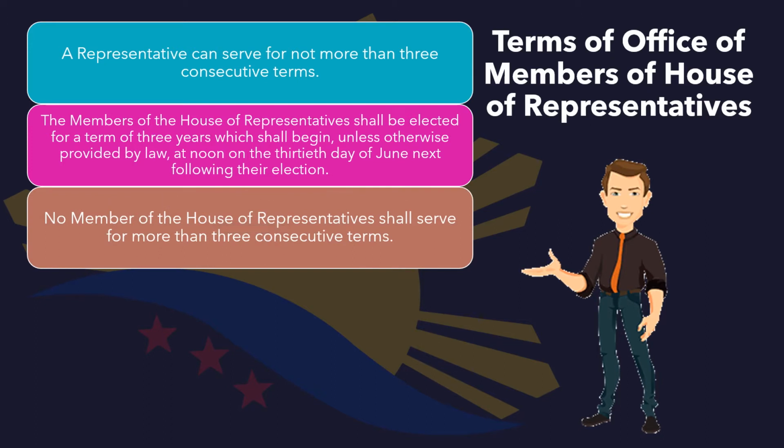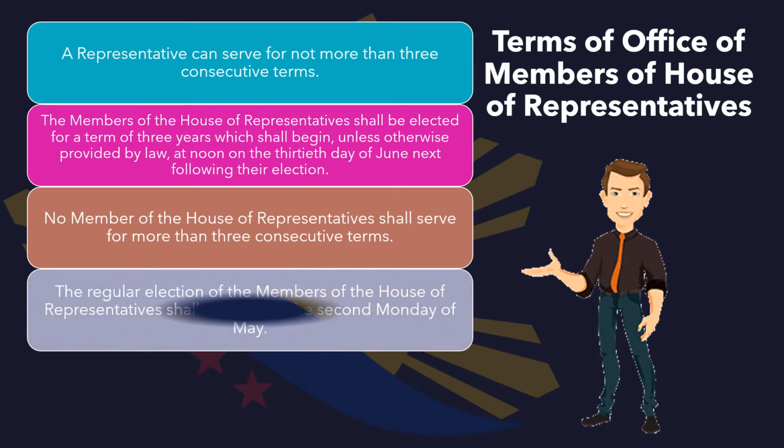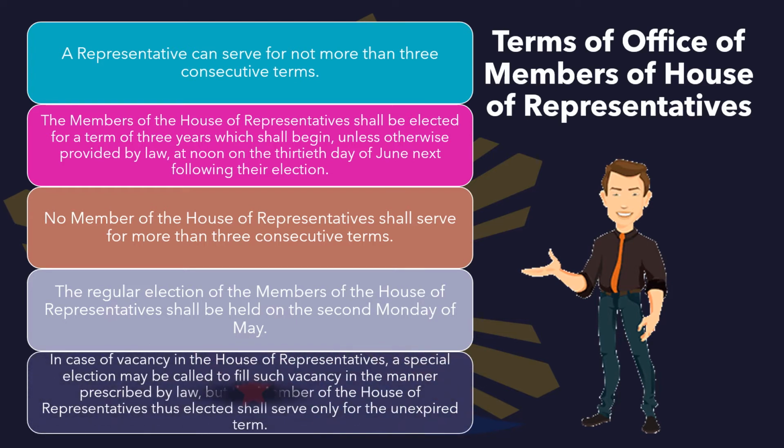No member of the House of Representatives shall serve for more than 3 consecutive terms. The regular election of the members of the House of Representatives shall be held on the second Monday of May. And lastly, in case of vacancy in the House of Representatives, a special election may be called to fill such vacancy in the manner prescribed by law, but the member thus elected shall serve only for the unexpired term.